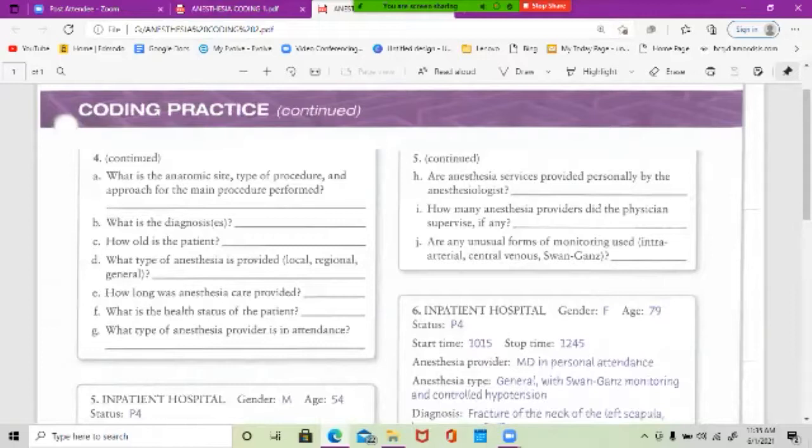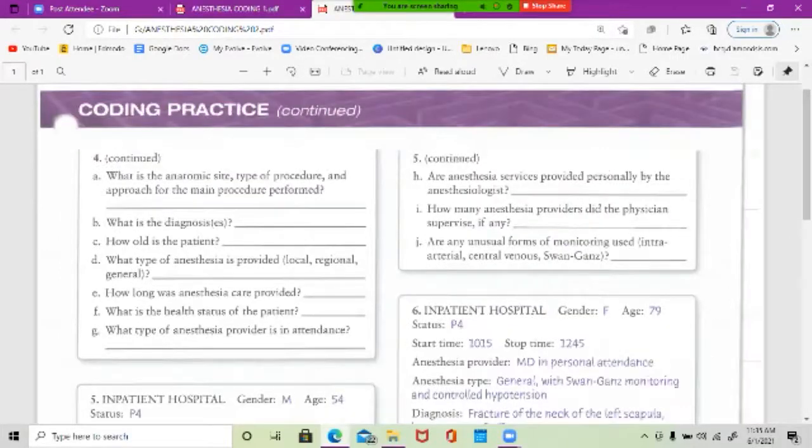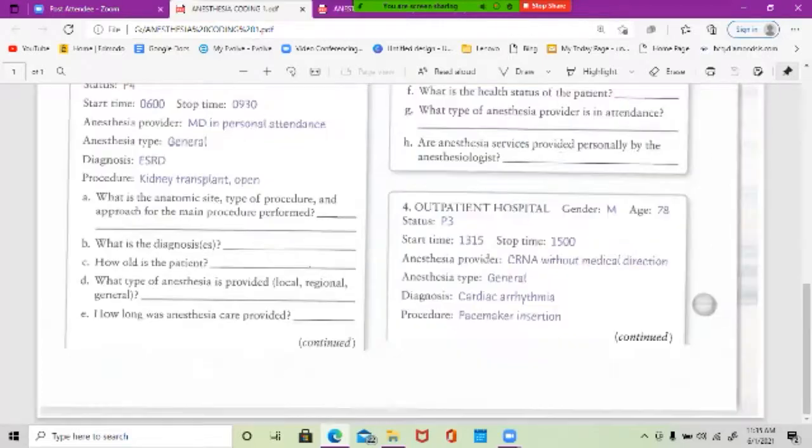Okay, Erin, what is the anatomic site, type of procedure, and approach for the main procedure performed? Would it be the heart? Okay, so the anatomical location would be the heart.